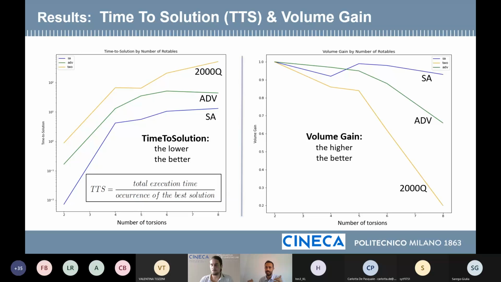I don't know if it's me, but is Riccardo frozen? Or is it me that is frozen? Can you hear me? It's Riccardo. Luckily, it's happening at the end of the school. So this is the danger of an online school. Okay, so we will wait. You don't see how everything was scaled.